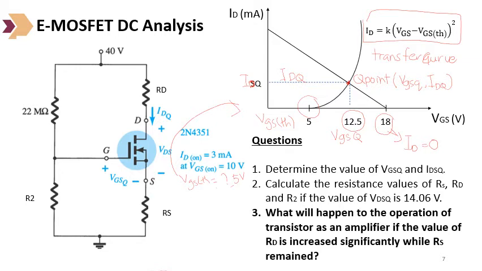Moving on, the first question: determine the value of the VGSQ and IDSQ. From the graph, we know that the VGSQ is 12.5 volt. You can simply take it from the graph, easily get the answer. And then, what about the IDSQ?